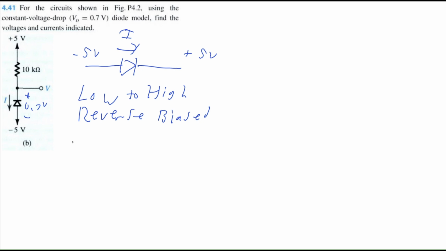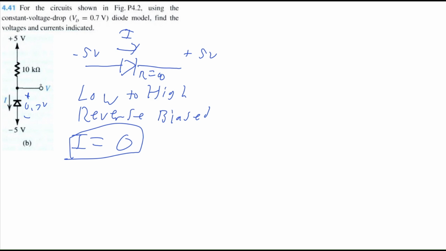Now, when you hear reverse biased, you can immediately state that the current is 0. This diode is going to behave like a giant resistance, basically infinite resistance, because it's behaving like an open circuit. So no current can travel through here.